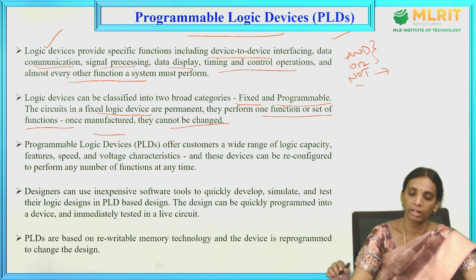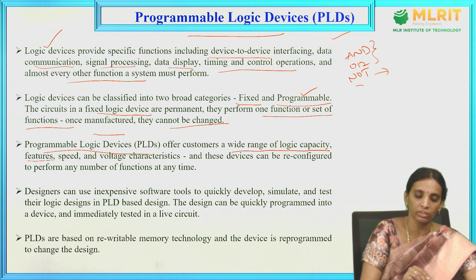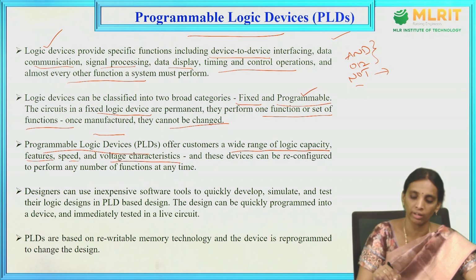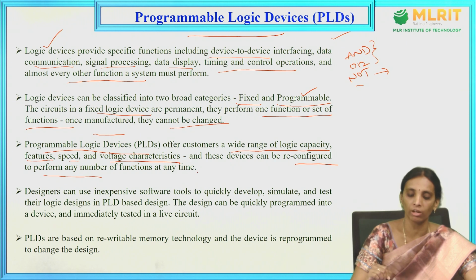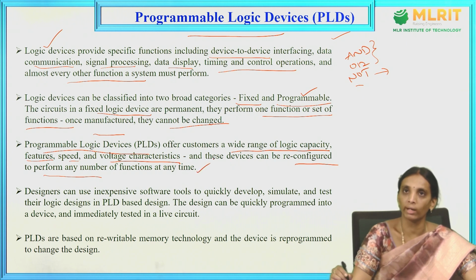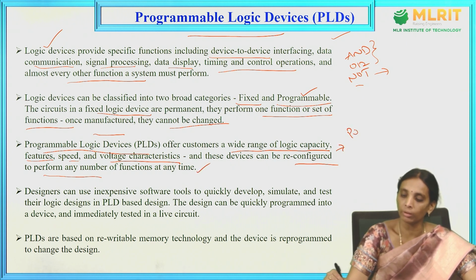But programmable logic devices offer a wide range of logic capacity, features, speed and voltage characteristics, and these can be reconfigured to perform any number of functions at any time. Here we are using the programmable capability.